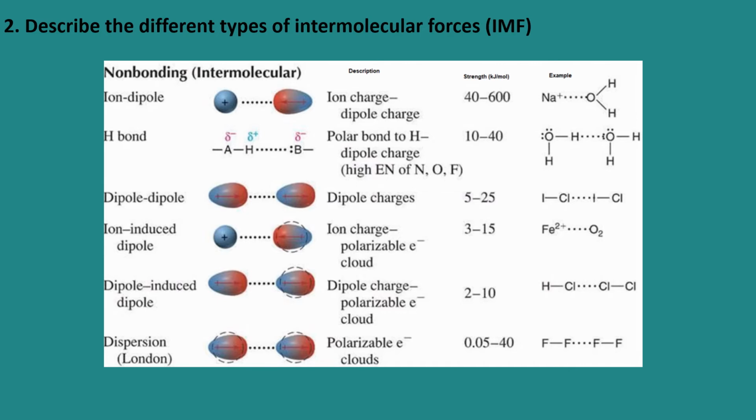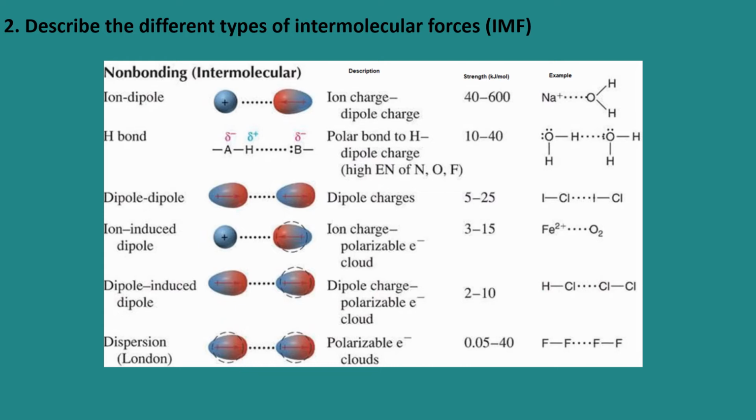Now, another type of induced dipole is the dipole-induced dipole. In this type, a dipole, for example hydrochloric acid, will induce the formation of another dipole in a polarizable cloud like chlorine, or Cl2, which exists as diatomic.